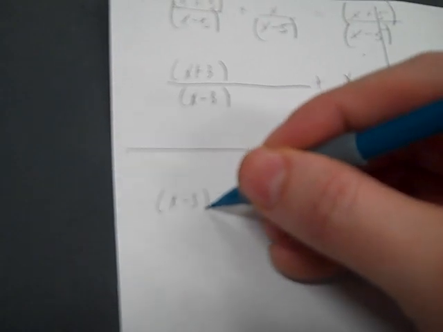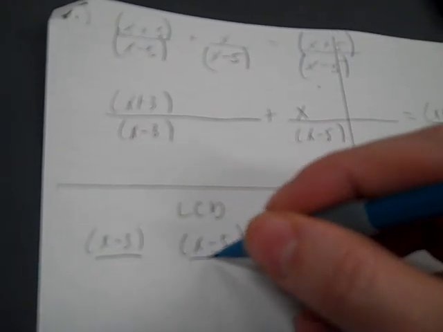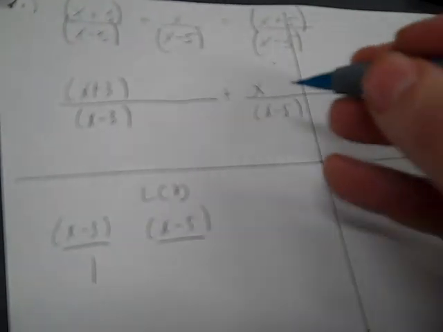So for the LCD, remember, just the bottom: the parentheses of x minus 3, the parentheses of x minus 5, and then I see what I can do. Okay, so x minus 3, I've got 1 on the first, 0 on the second, and 0 on the third.